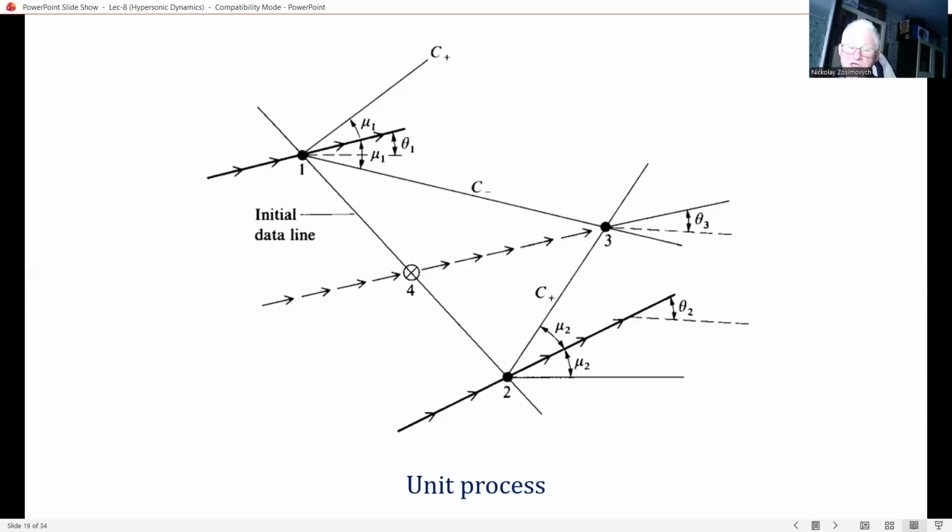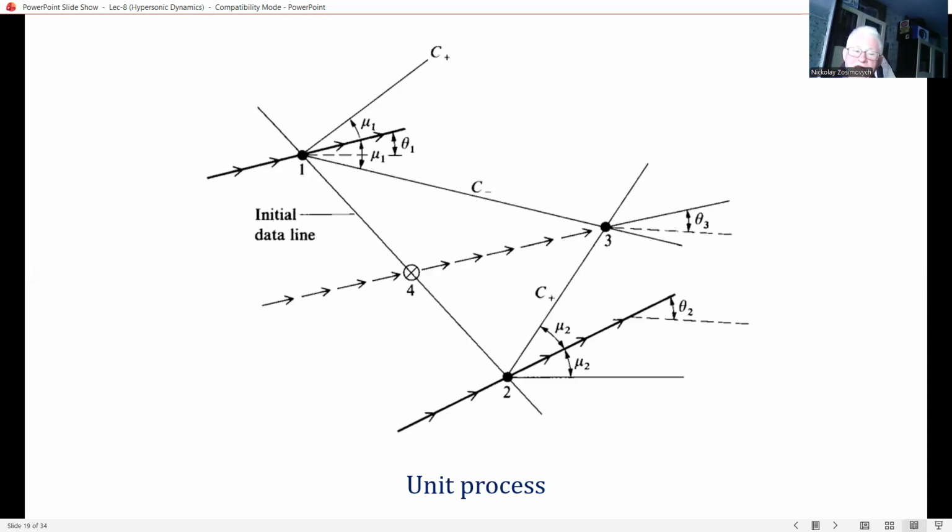Because the unit process involves only small distances in the flow, all constructed Mach lines and streamlines are drawn as straight lines between adjacent points. Do you agree with me? Okay, so the Mach waves are characteristic lines, and hence C sub plus and C sub minus are appropriate designations for these lines.